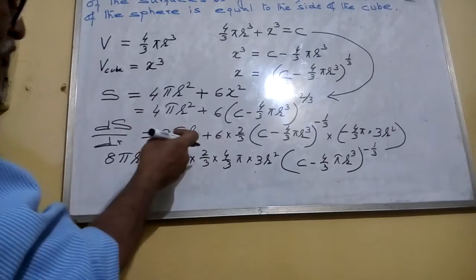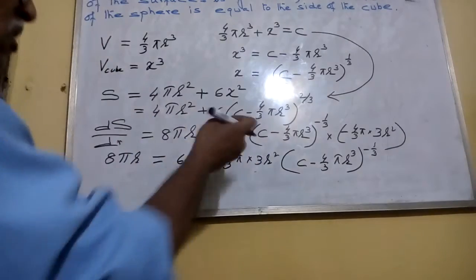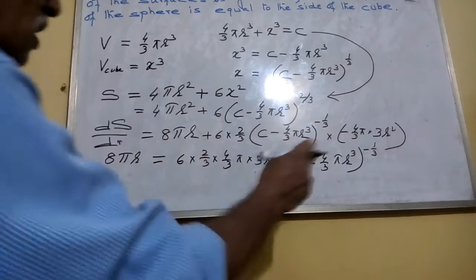Putting dS/dr = 0, we get 8πr equal to this expression.